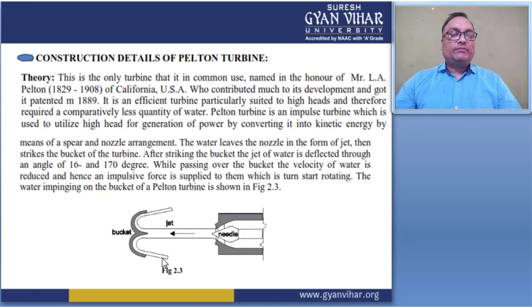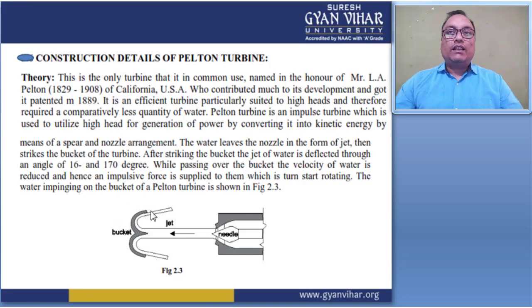In this U-turn, in general, the inlet angle of the jet is between 1 to 3 degrees. This is a very small angle, but after hitting the buckets, the jet is deflected at an angle here. Just see here, take the angle of this.